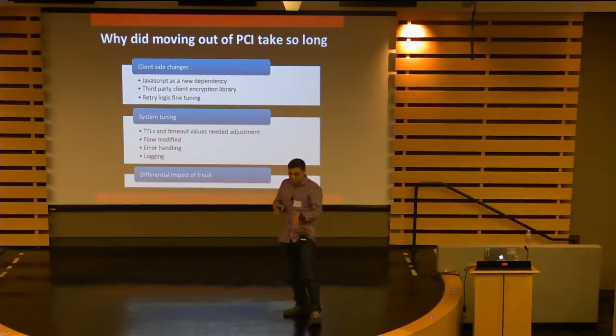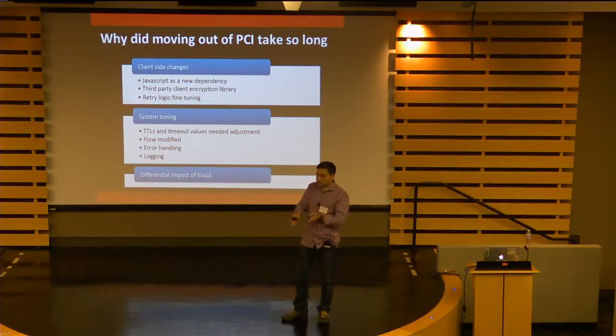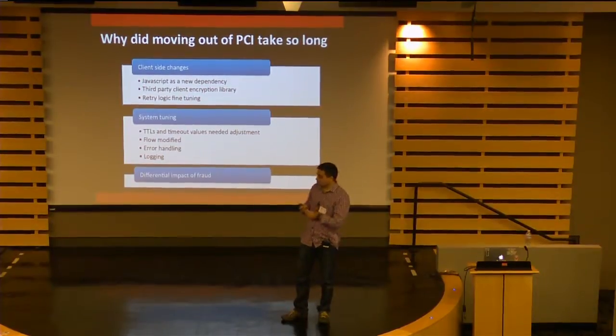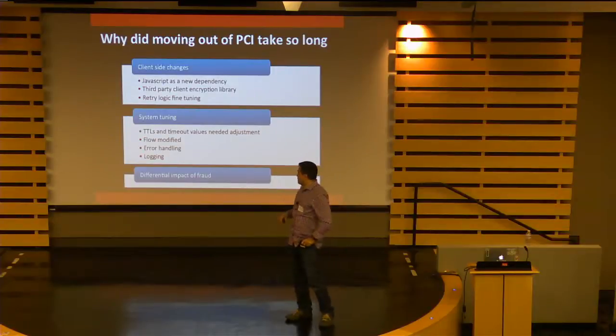And as part of this flow, now we require JavaScript to be there. So we saw issues with old browsers on old computers not performing well. Some browsers didn't support it in a standard way. So we had to kind of go through every possible use case and figure out that, is this acceptable? Is this not? Should we worry about it?